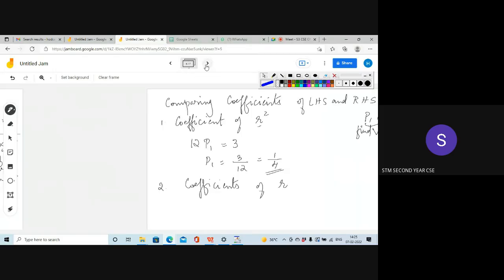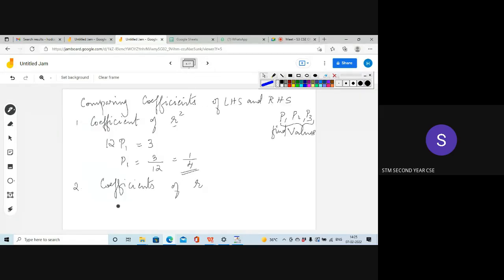So when we compare these two, you get 34 P1 minus 12 P2 is equal to 2. Okay, and we know the value of P1 as 1 by 4. So 34 into 1 by 4 minus 12 P2 is equal to 2.